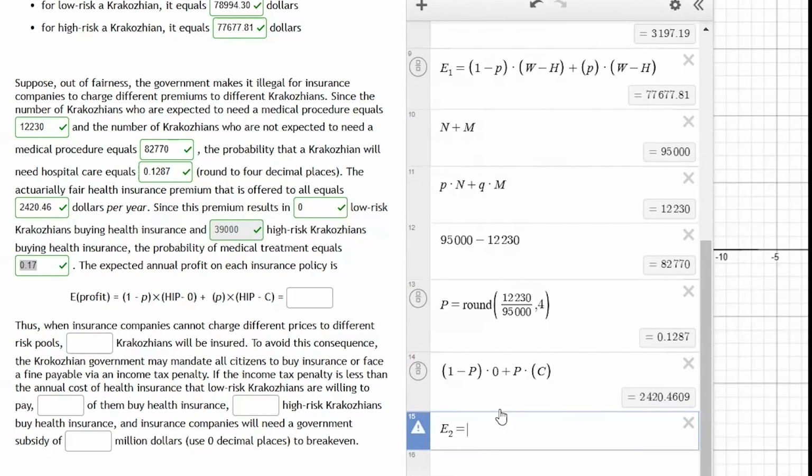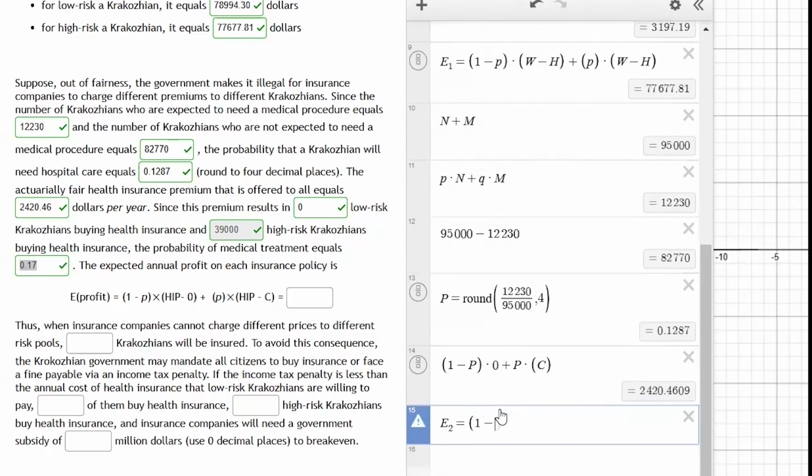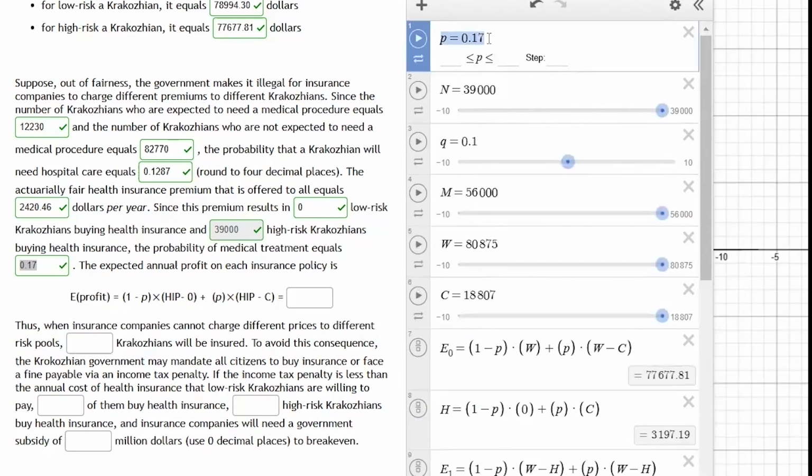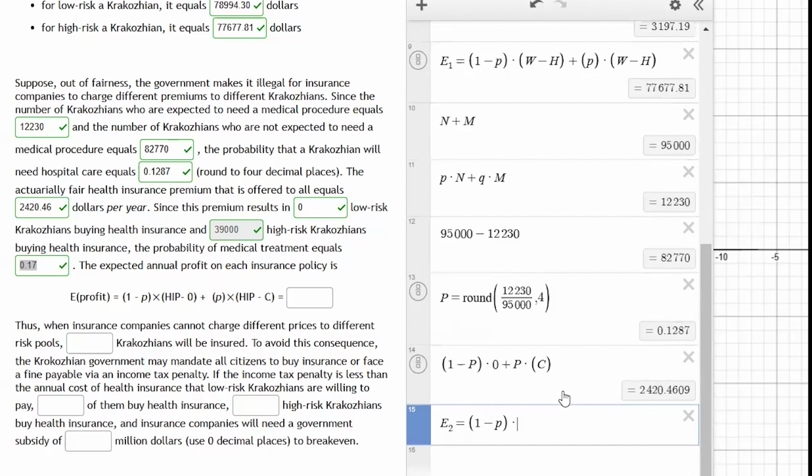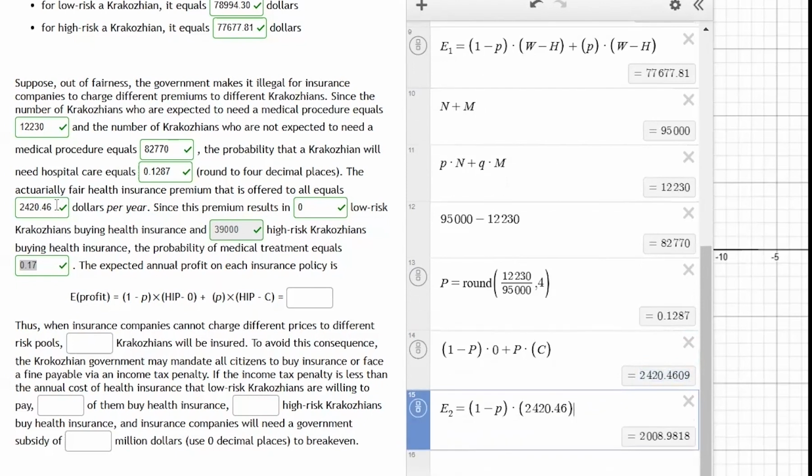I've got 1 minus the probability. Let's go back up here. This is the probability of a high risk Caucasian needing the medical procedure, so I'm going to use little p here, times the health insurance premium, which is this number here, rounded to 2 decimal places. So I'm using the health insurance premium that we calculated here.